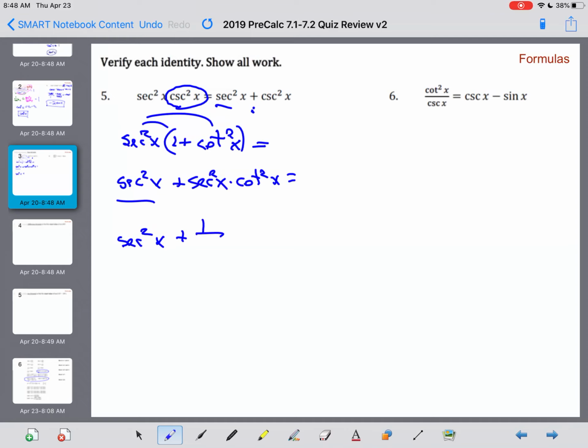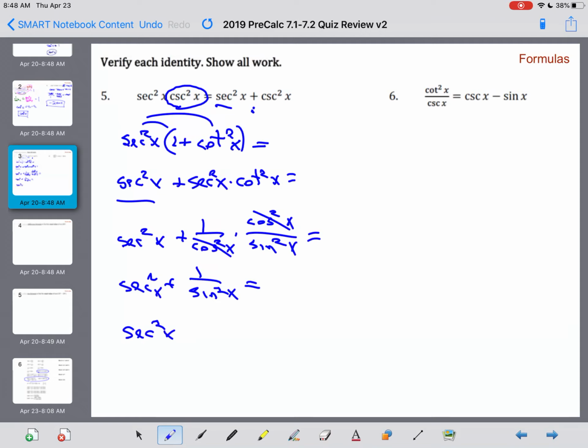And over here, this is 1 over cosine squared x. Cotangent squared is cosine squared over sine squared. These cancel, so I get secant squared plus 1 over sine squared x. And that's going to be secant squared x plus cosecant squared. And when you get one side equal to the other side, then you're considered that you have verified the identity.